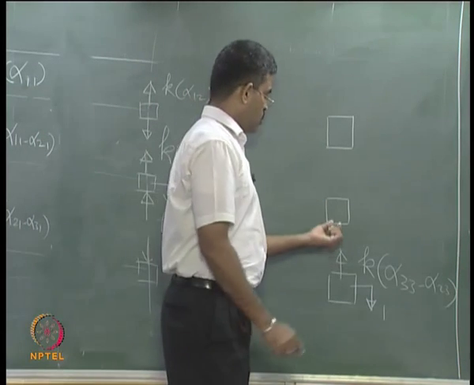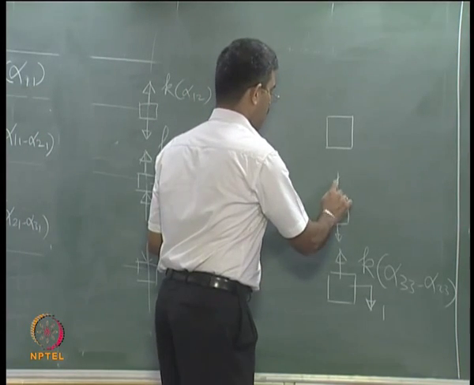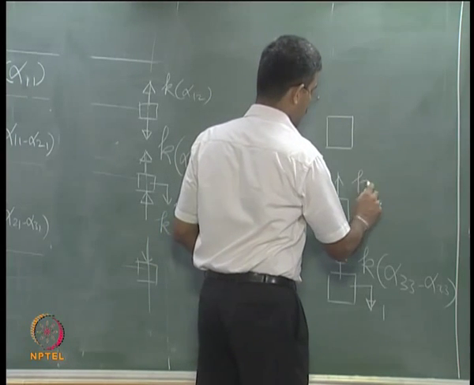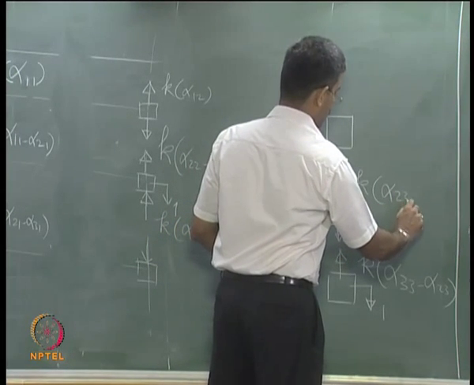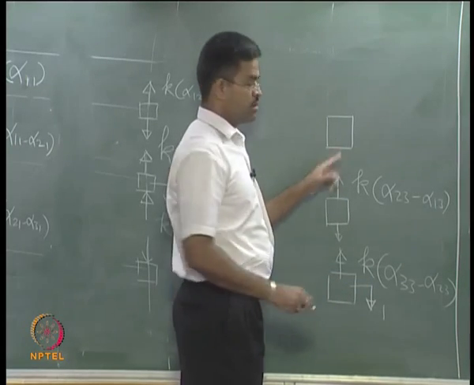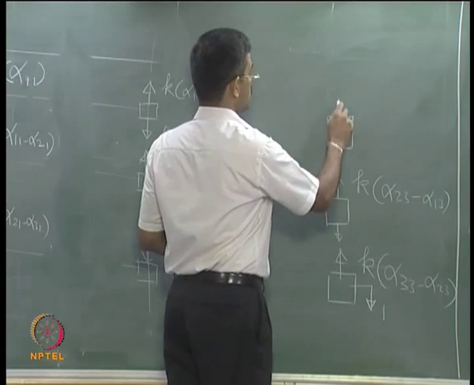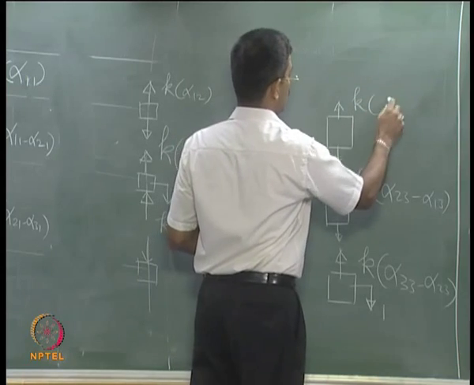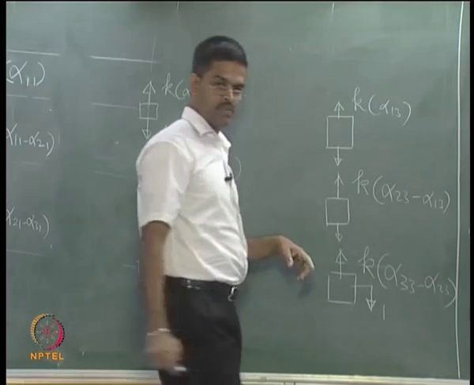Similarly, when this mass moves down because of this force, this spring will try to take it up, which will be k of alpha 2 3 minus alpha 1 3, because this is connecting 2 and 1 and opposite, and similarly this will be k of alpha 1 3.